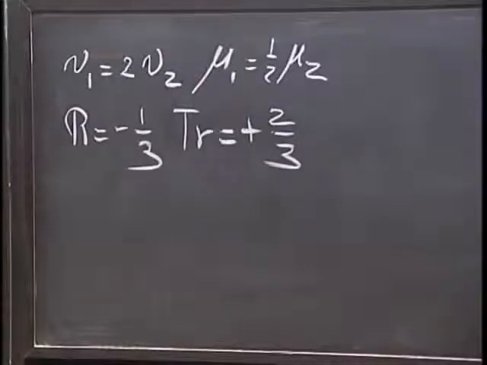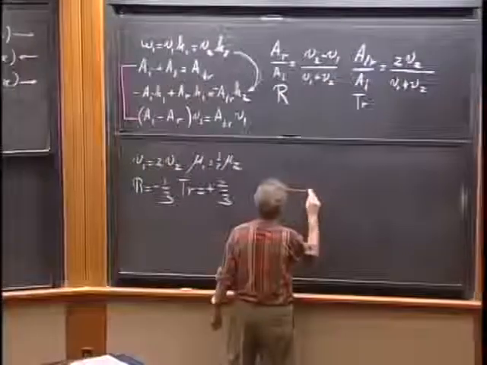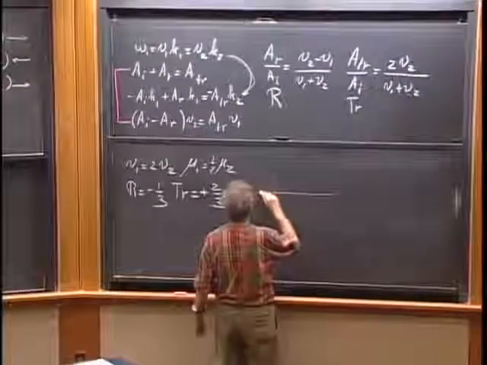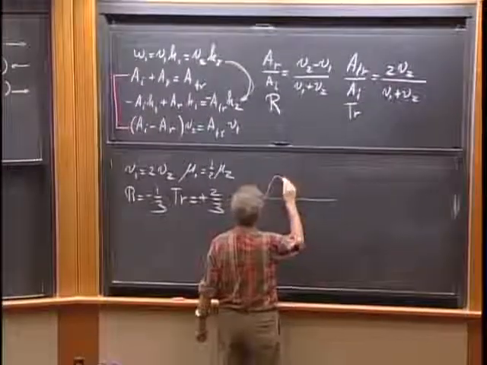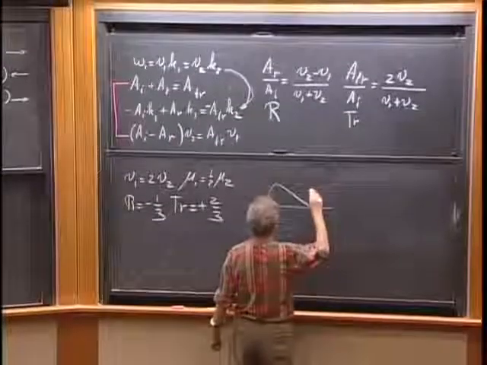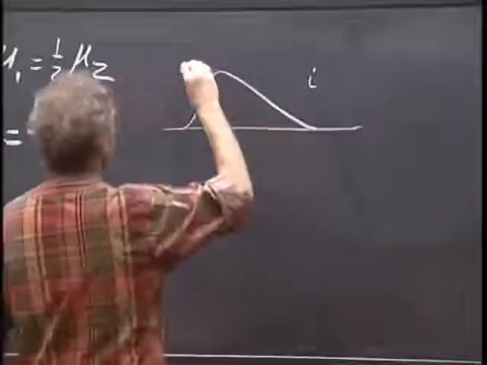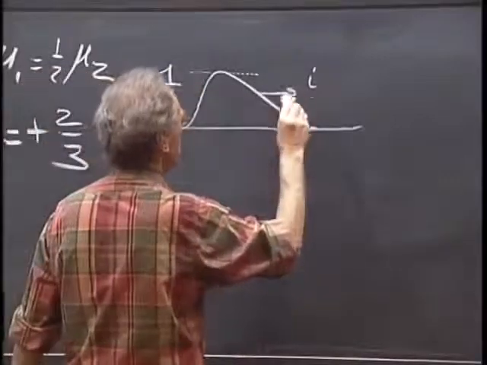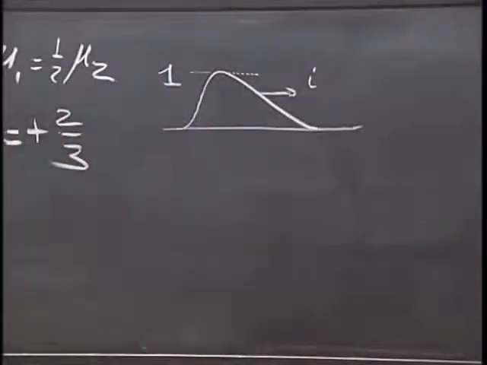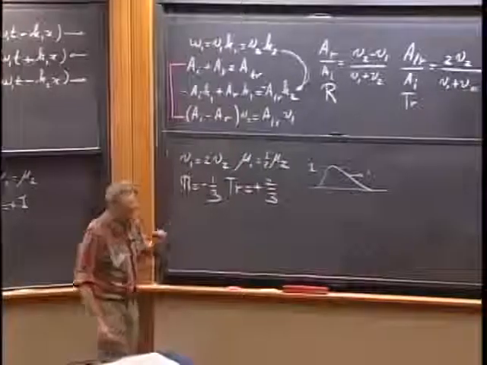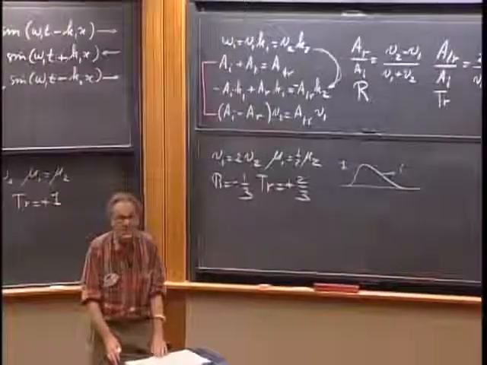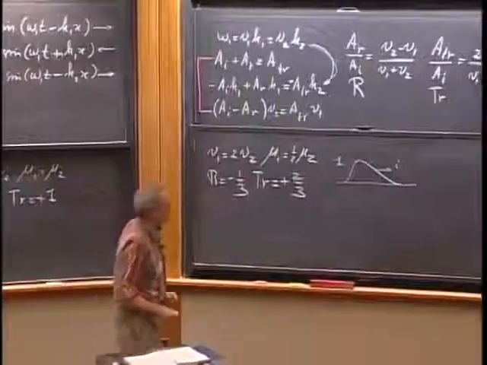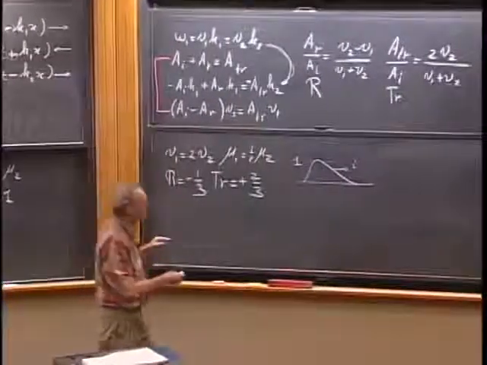And that means then the following, that if this is my incident wave, so this is now the incident one, and the incident one, say, has an amplitude 1 and is moving in this direction, the returning one has an amplitude which is 3 times smaller, and it is flipped over, but it has the same length because it has the same speed.